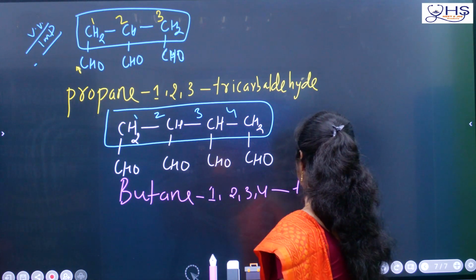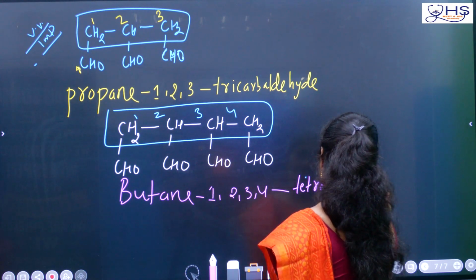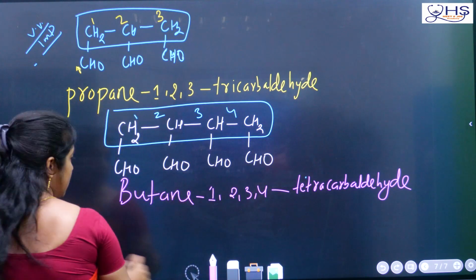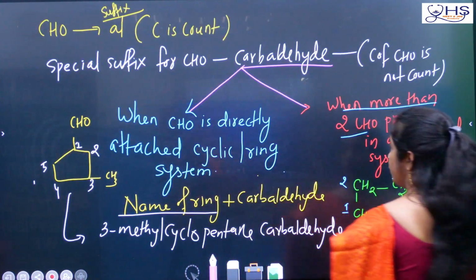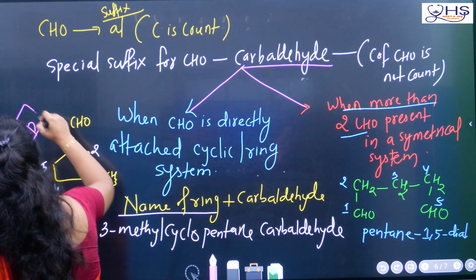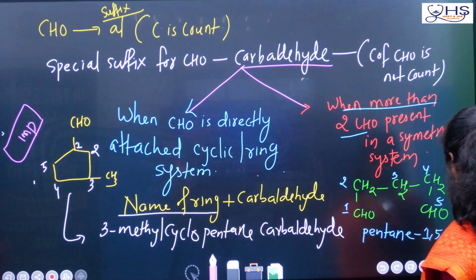So 4 means what will we write? Tetracarbaldehyde. Very important. All this is also very important, and this part also very important. So you have to try to take the concept and apply it to different questions.